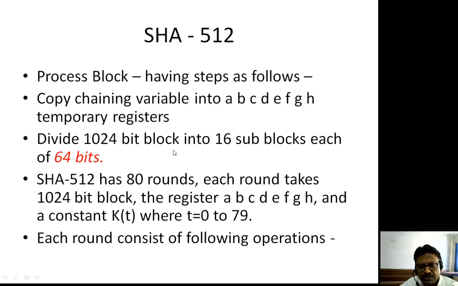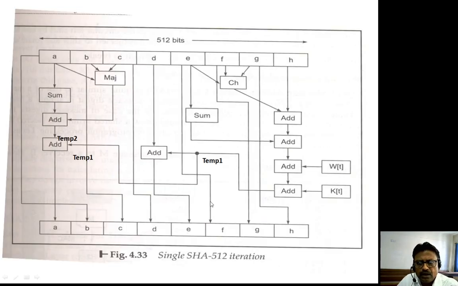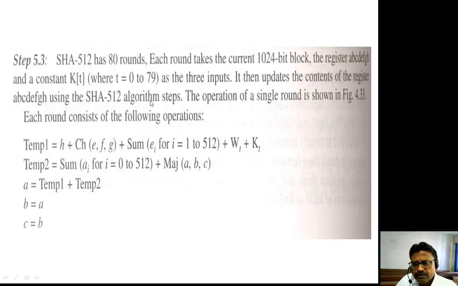The 1024 bit block is divided into 16 subblocks, each of 64 bit. In the case of SHA1 and MD5, we were using 16 subblocks, each of the size of 32 bit. So that is the only difference. And this operation seems to be more complex than SHA1, but it gives the result in a more accurate way. So this is all about the SHA 512.